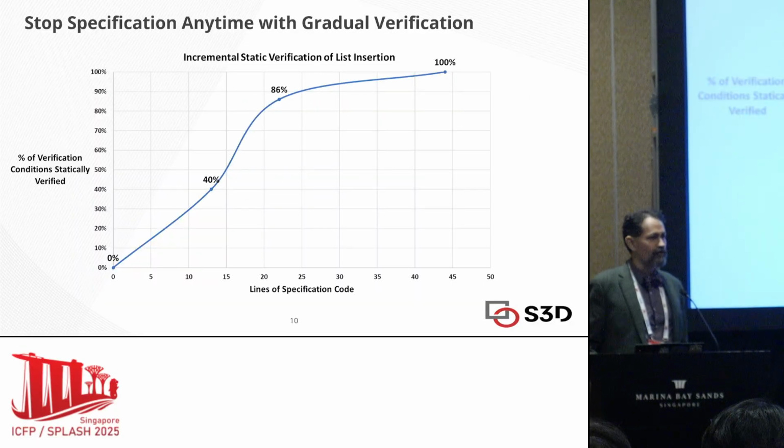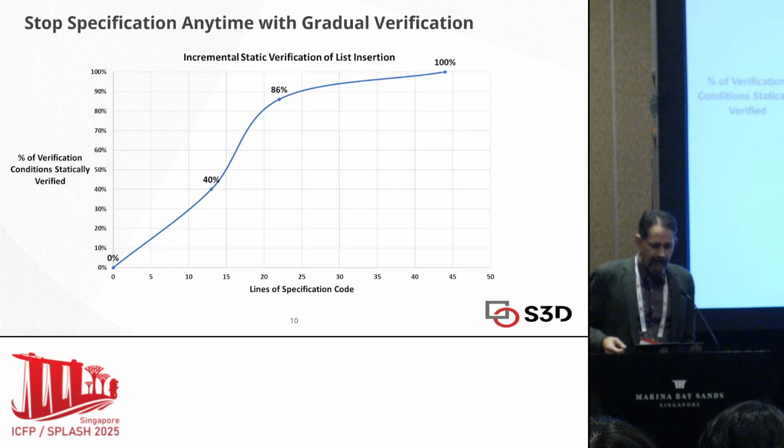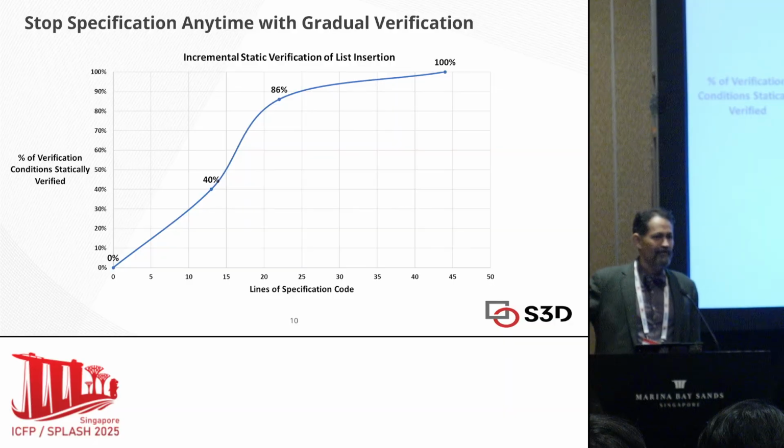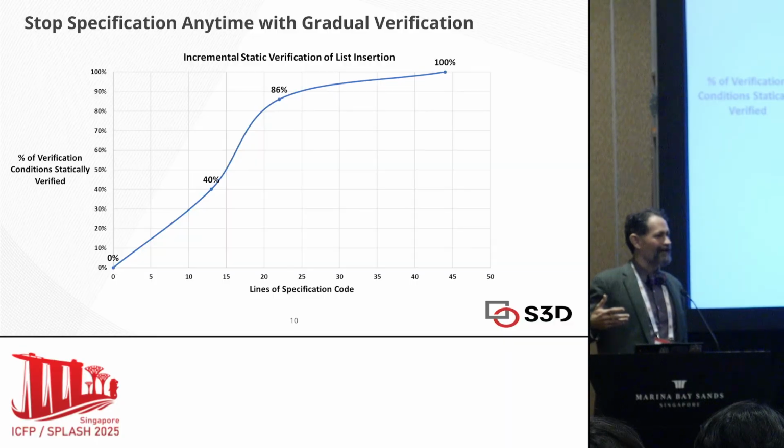Just as an example, this is, of course, a trivial example, but most of the verification conditions from this code can be statically verified with only half of the lines of specification code that we would need to verify all of them. Basically, there's a lemma at the end that is a lot of specification, right, that fills things in.